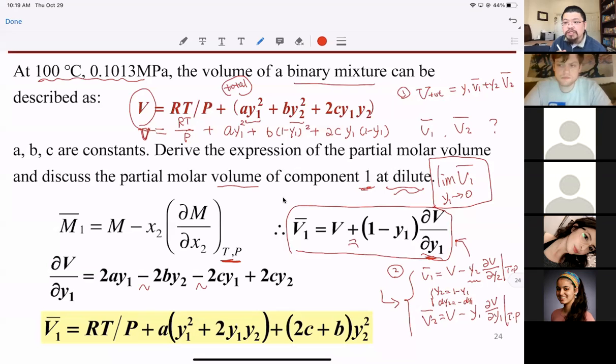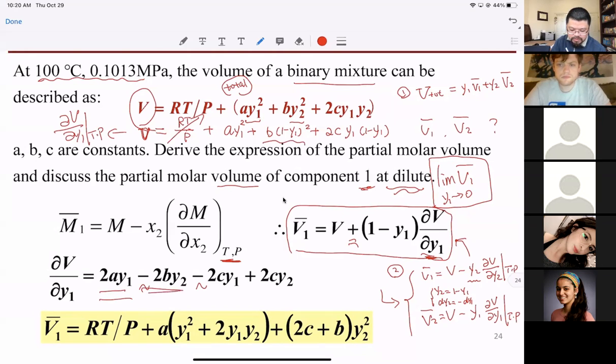A, B, C shall be constants. So now if you take the partial derivative of dV over dy1 at fixed temperature and pressure, you have 2A y1, which is over here. The second term will give you this term, and then you are going to have the two other terms corresponding to this one.